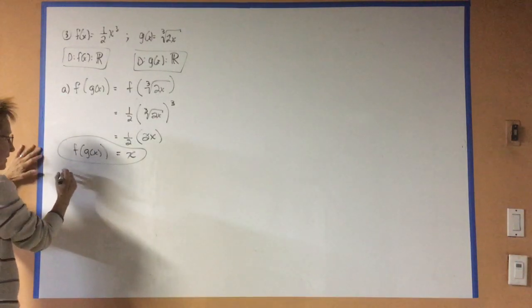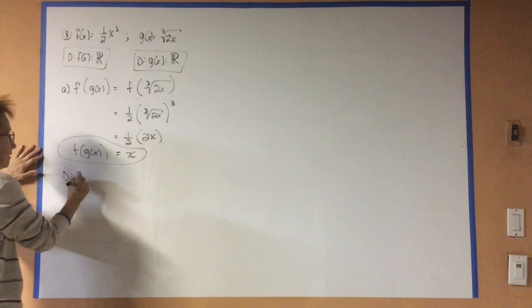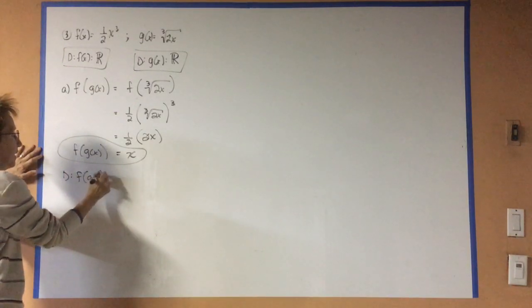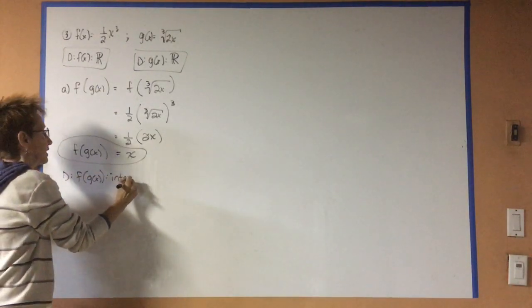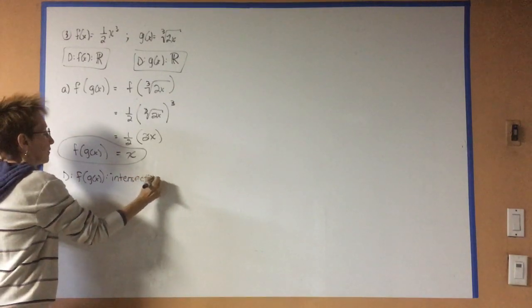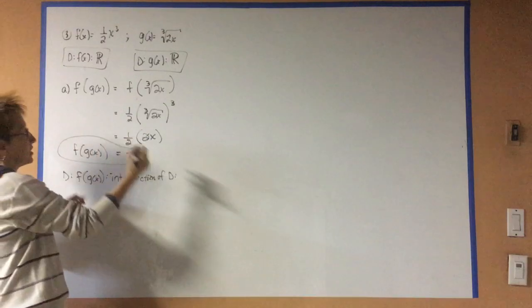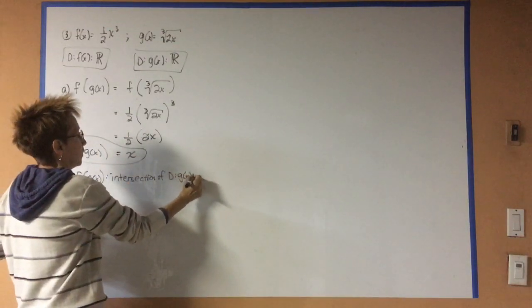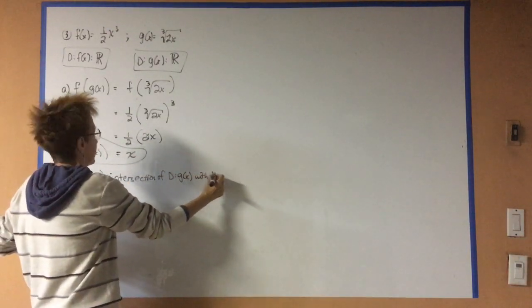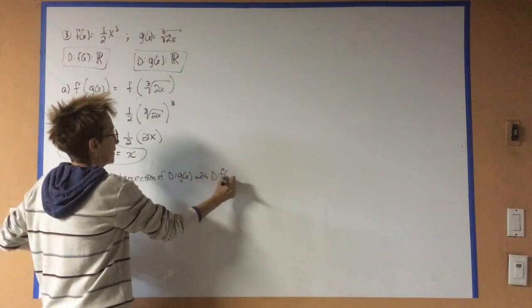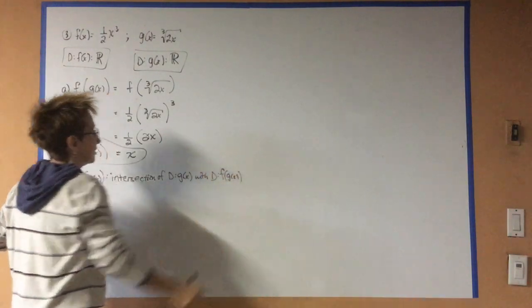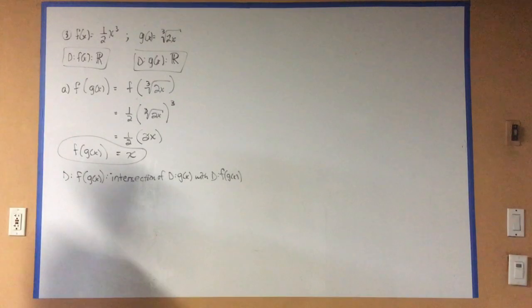They want the domain of f of g of x as well. And that comes from the intersection of the domain of what we put in, which is g of x, with the domain of the composite function simplified version, f of g of x.